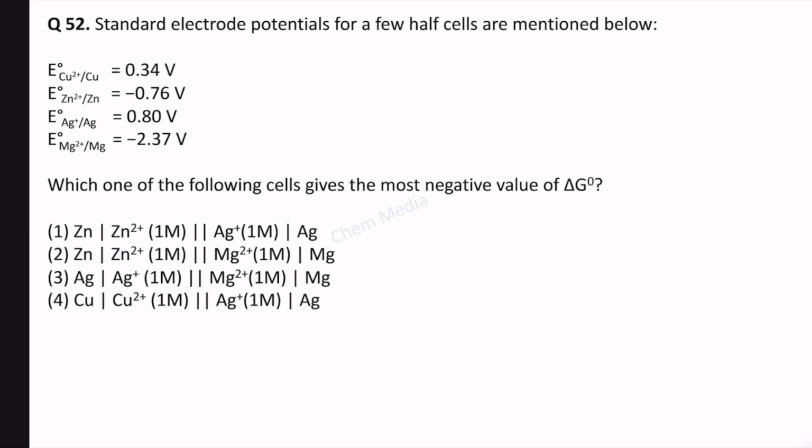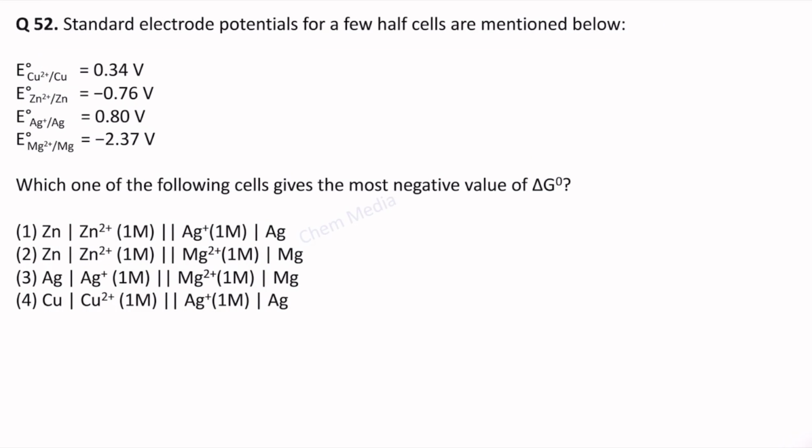So once again, these are all in the aqueous medium and these are all in the solid phase. So now E naught of the cell in the first case is equal to cathode minus anode, both reduction potentials. That's the way we are going to calculate. So this is all cathode, this is all anode.